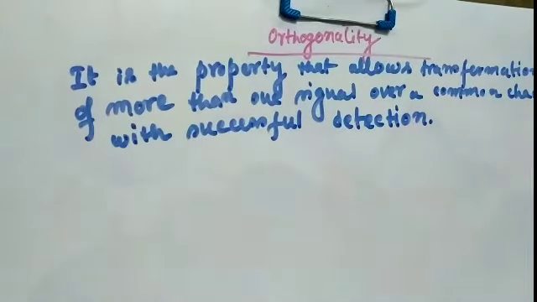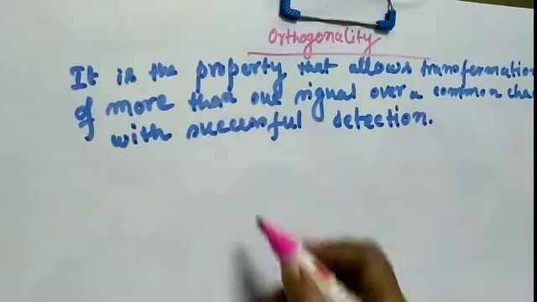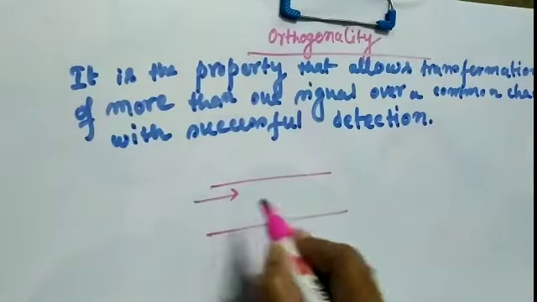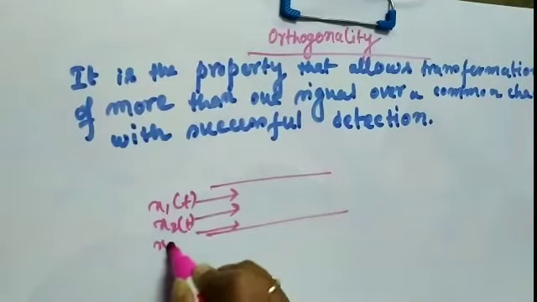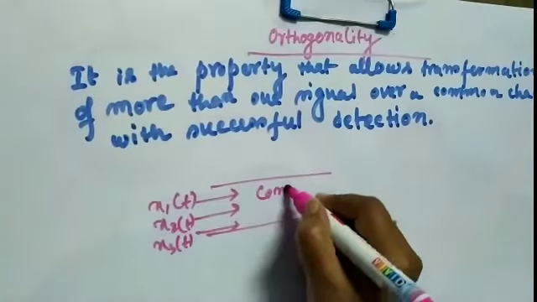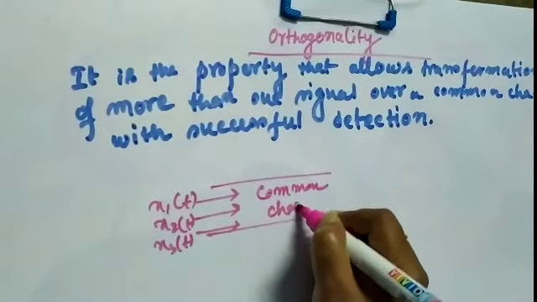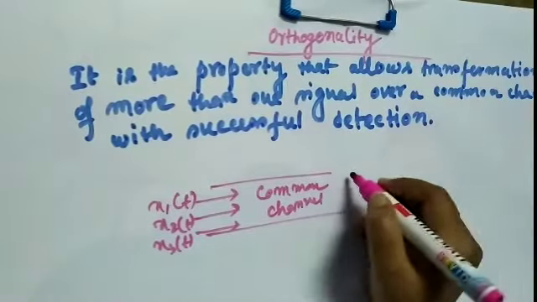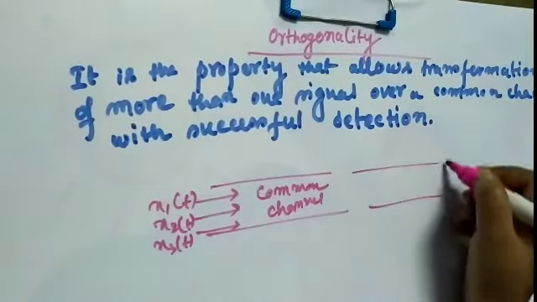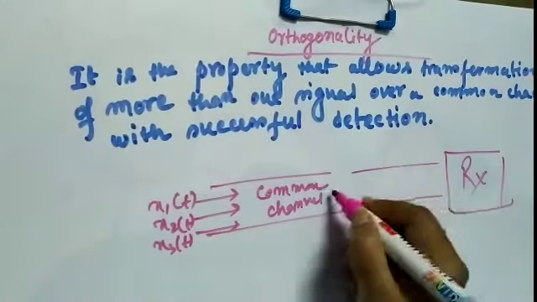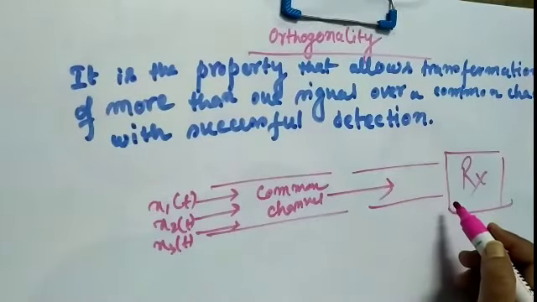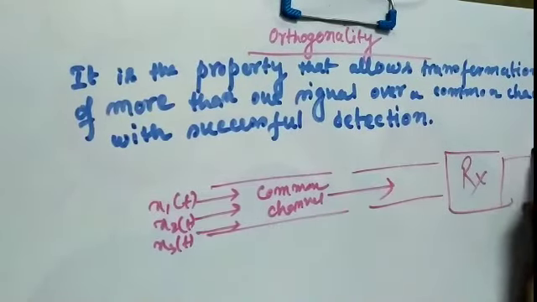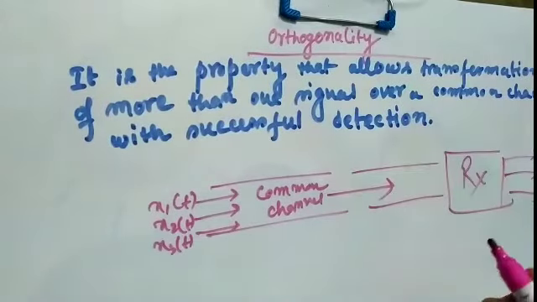So we are transmitting multiple signals over a common channel. Suppose the signals are x1(t), x2(t), x3(t) and they are transmitted over a common channel. And at the receiver end, we are successfully detecting all these signals without interference.